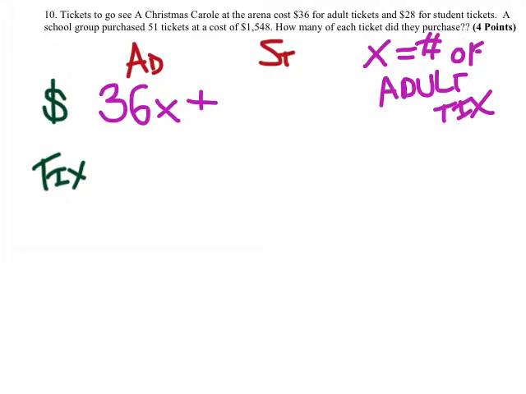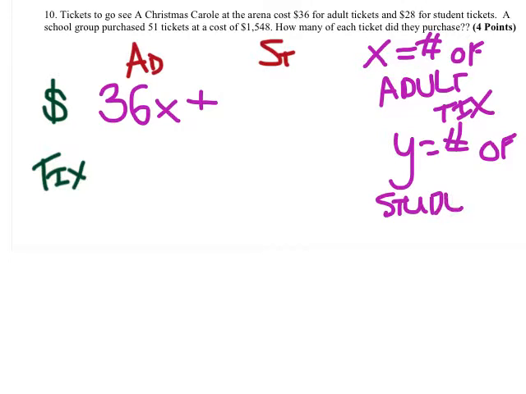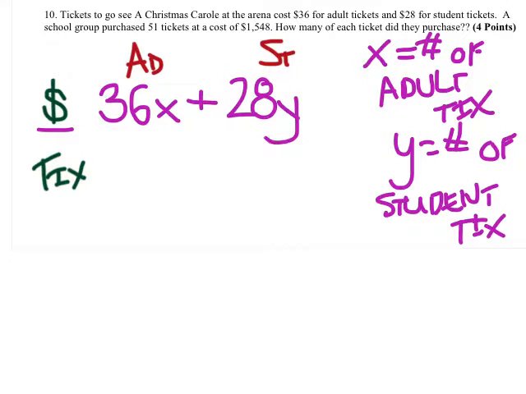We're going to add that to the student tickets, which we'll say is y, the number of student tickets. How much was the cost of the student tickets? Well, it's $28 each. And the final thing we're going to compare here is the total. How much total was spent? Well, we can see it's $1,548.